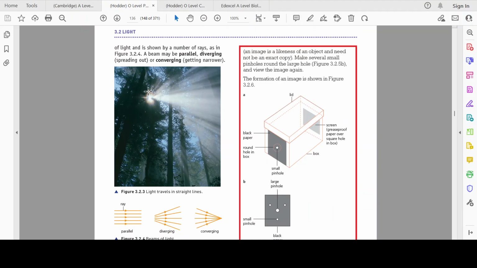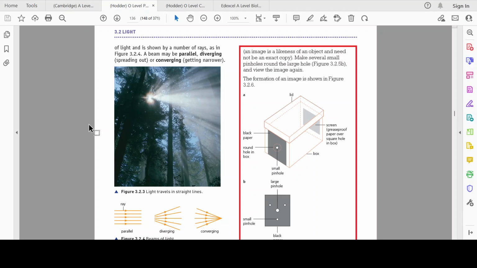And these are sunbeams, which you can see when sunlight comes through the clouds, through the trees, or sometimes through a window. That is a beam of sunlight.